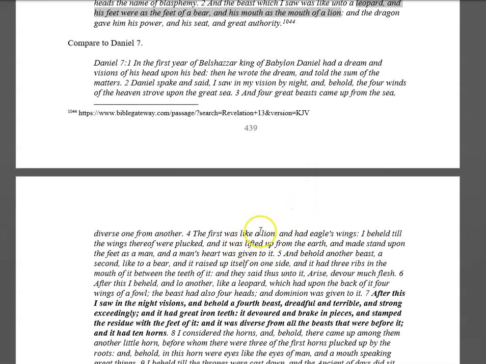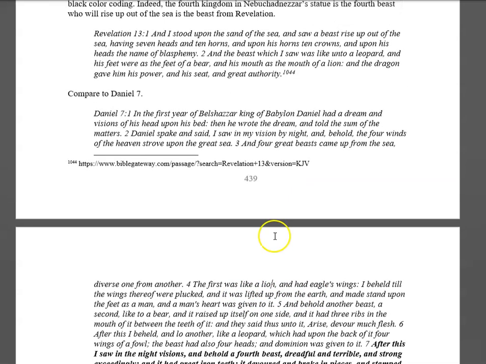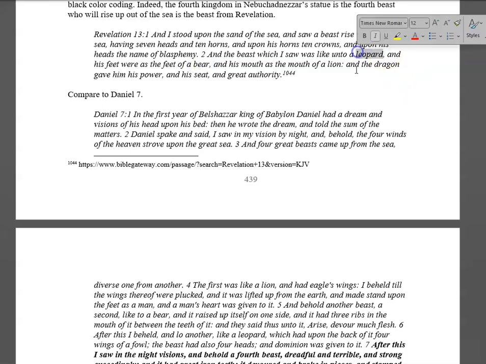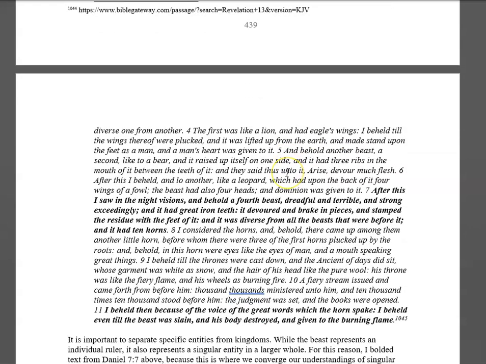So let's continue. The first was a lion. We'll find out that the second is a bear, and the third is a leopard. And specifically, just in case you don't know, lion was a reference to Babylon, bear, Medo-Persia, leopard, Greece, and then this 4th beast is obviously Revelation 13, very different. It's the end times kingdom.